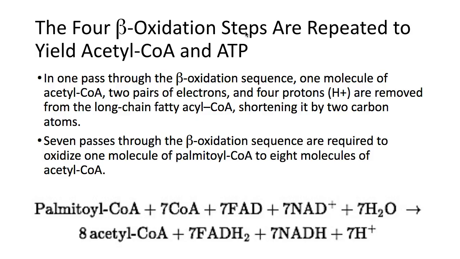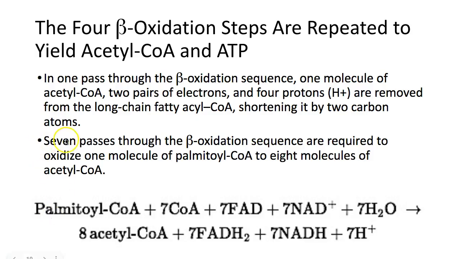So, as far as the oxidation and looking at the chemical equation involved, they used a particular example: palmitoyl coenzyme A. Remember that this has 16 carbons, and in order to go through the process of oxidation, you only need 7 passes, because you're going to end up with an acetyl group at the end as a product.